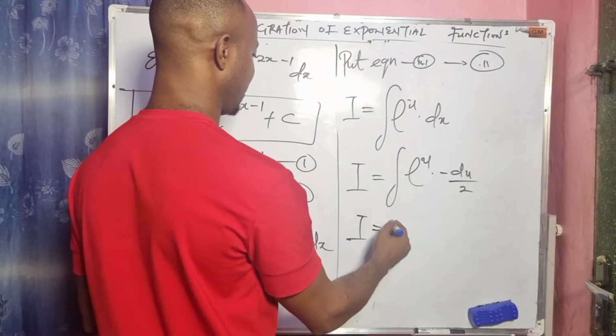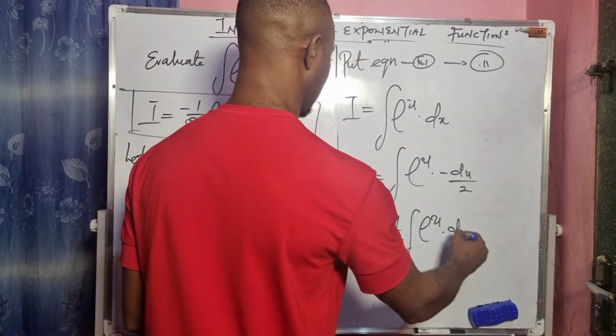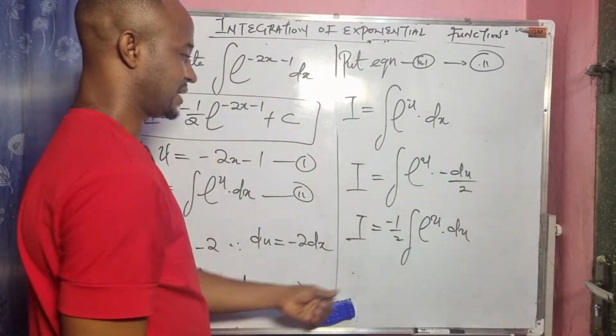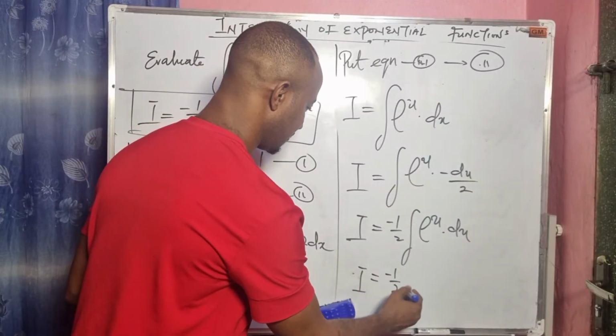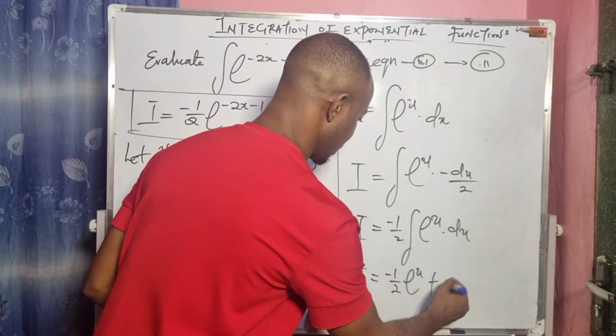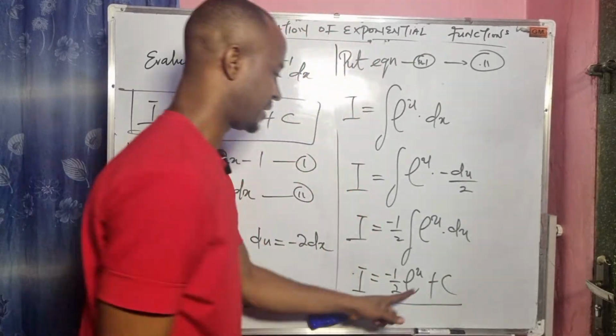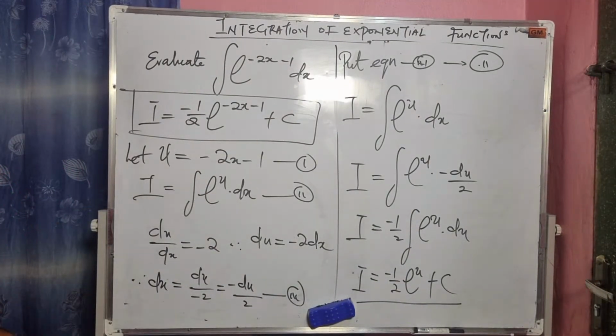And here we are going to have minus 1 over 2 integral of exponential u dot du. So now we have the right form of integration, and that will give us I equals minus half exponential u plus c. Then we can put the value of our u as minus 2x minus 1. That will then give us the final answer.